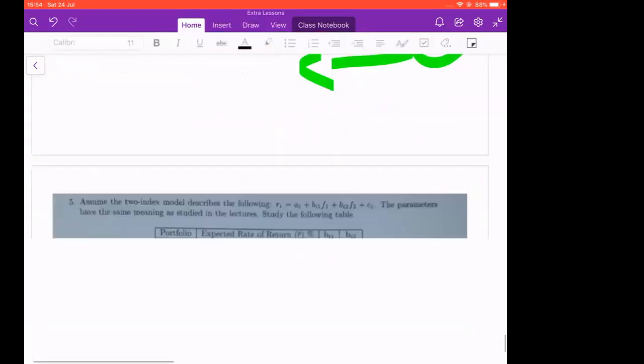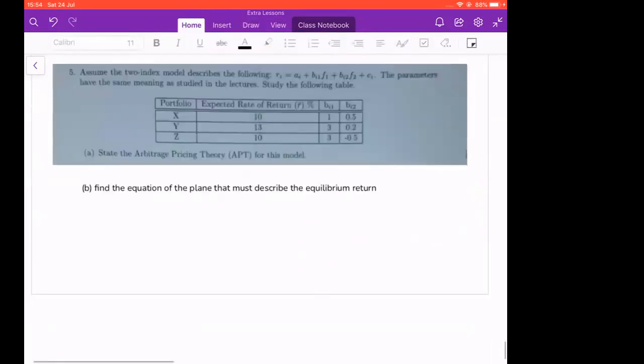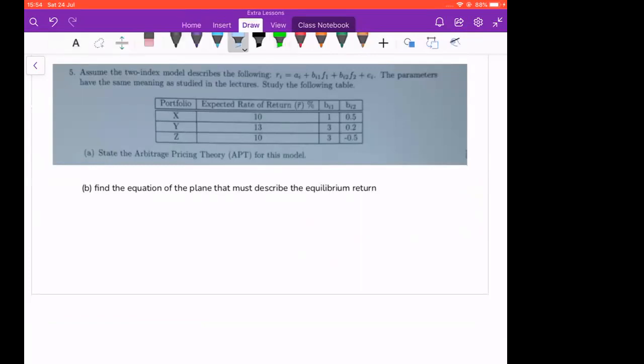The next question. Assume that there are two index factors described by this. I'm not sure if this is visible.